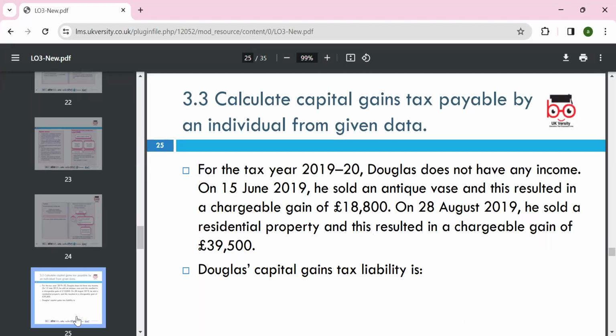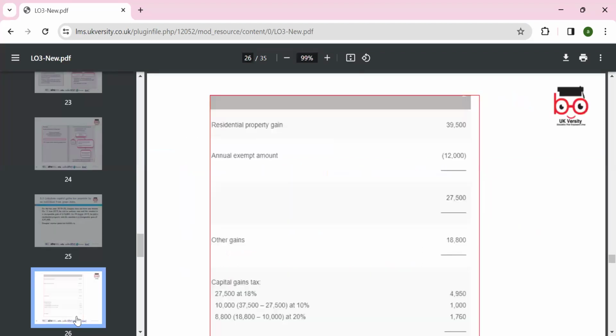Okay, then we have 3.3: calculate the capital gains tax payable by an individual from the data. We've been given the data here: chargeable gains on other assets and residential properties, in the case of Douglas. The residential property gain is 39,500, the annual exempt limit was 12,000, and we have the other gains. So we can say how much we have: 27,500 plus 18,000, the total gain.